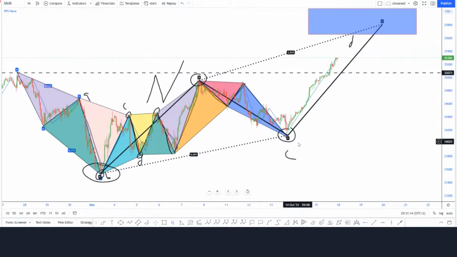Then down here, in this BC, it did come up in A, B, C, D formation. Okay, so each leg can have multiple legs inside in the bigger picture. Okay, guys. Then, when I'm looking at this price, when it did go up here and start coming back down, after the price starts to reverse I'll say, okay, I'm having a bigger A, B, C, D formation right now, and possibly this is gonna just keep shooting up.